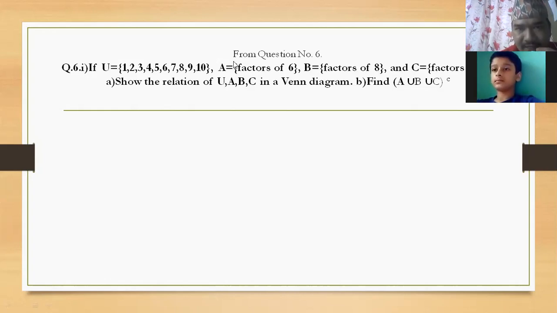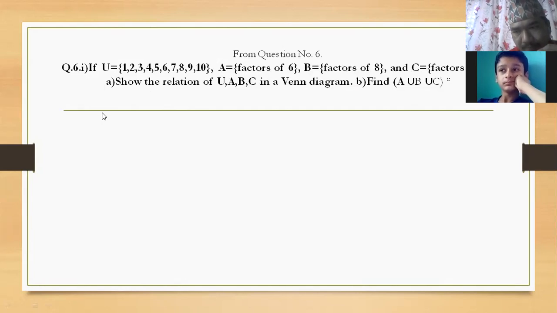After finding all the elements of the given sets, first of all, number 1 is asking us to show them in a Venn diagram. Students, we have to show them in a Venn diagram.